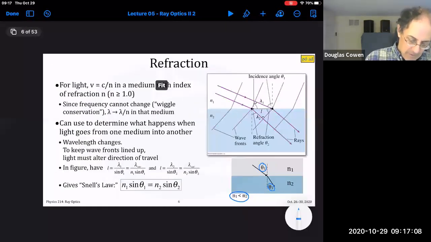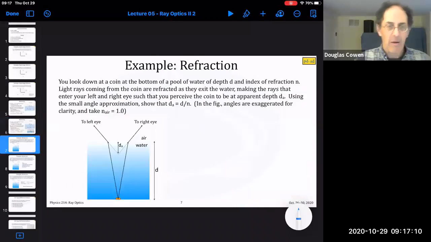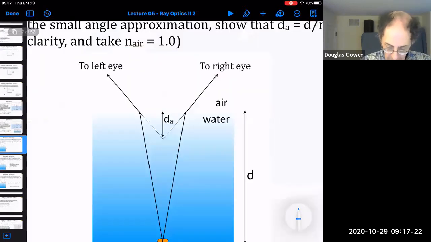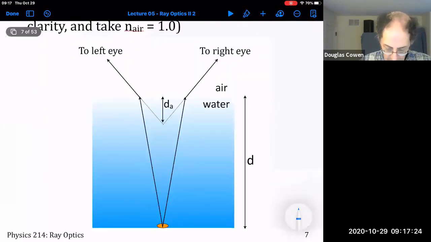Okay, so let me do an example now using refraction to actually show that you can generate an image through purely refractive effects. What's shown in this diagram is a coin down at the bottom of a pool. That's circled down there at the bottom.